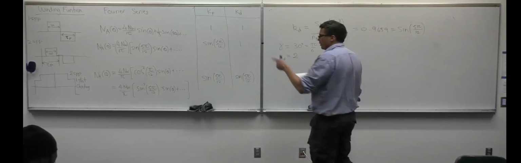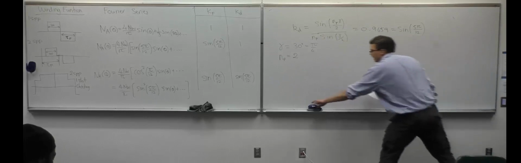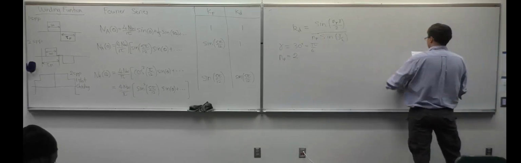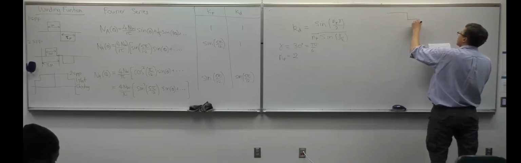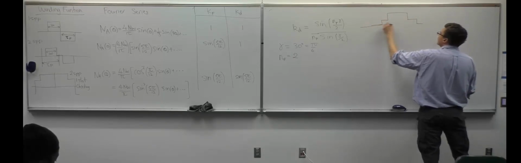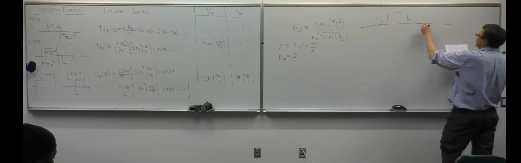The fourth winding that we looked at was the 2 slots per pole per phase with 2 slots of chording. So then we had this nice waveform like this.